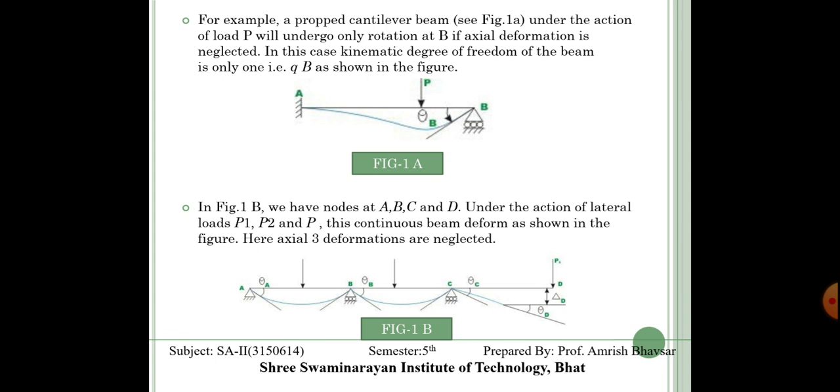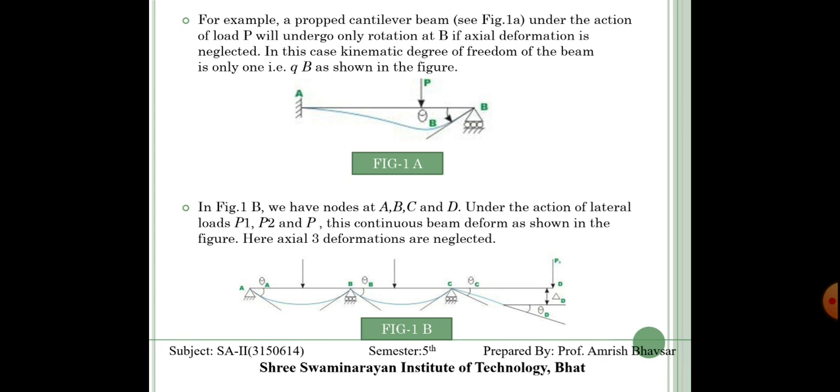For example, a propped cantilever beam, shown below, under the action of load P will undergo only rotation at B if axial deformation is neglected. Here we are always neglecting the axial deformation. In this case the kinematic degree of freedom of the beam is only 1, that is QB, meaning theta B, the rotation at support B.